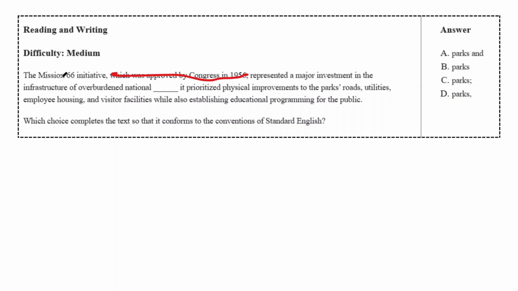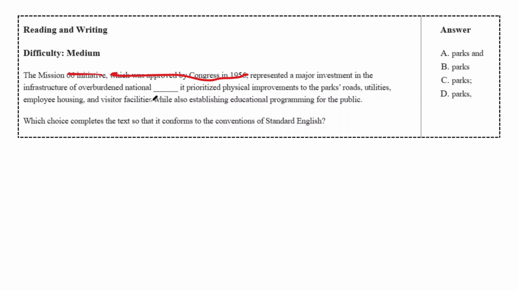"The mission represented a major investment in the infrastructure of overburdened national parks," and there is some kind of punctuation that comes after it. "The mission represented a major investment in the infrastructure of overburdened national parks." It is an independent clause.